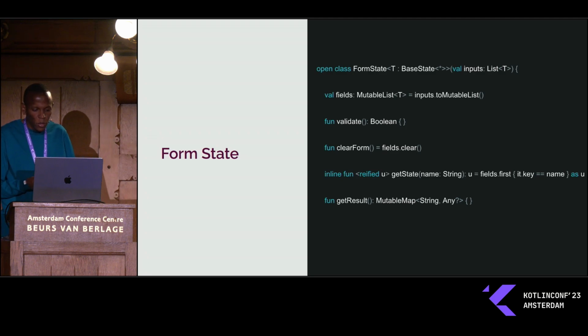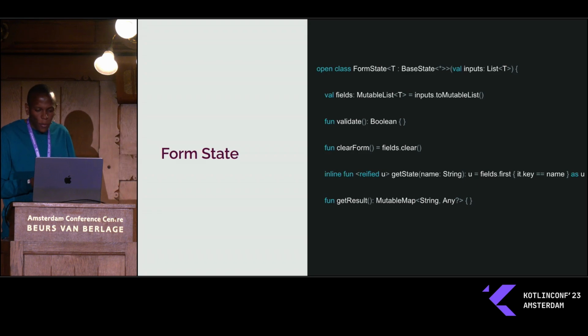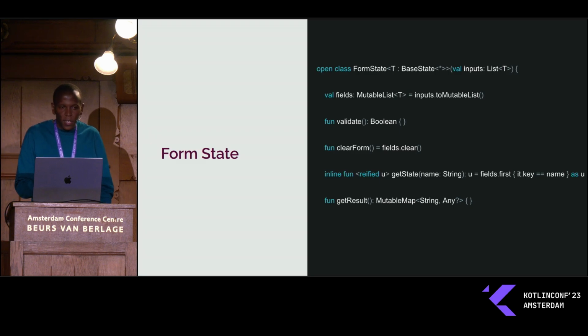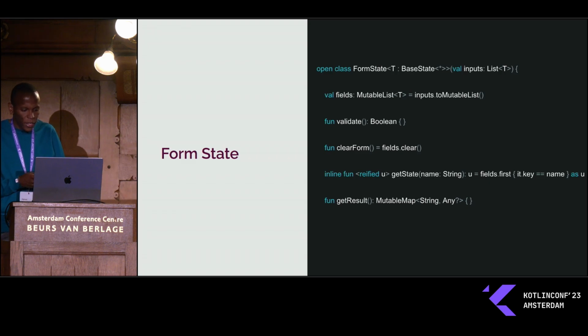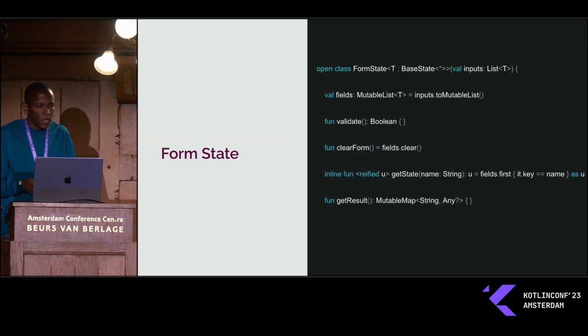We also have a clear form, which is a utility method to help us clear all the fields. We have a get state method, and we pass a parameter, which is a name. So in case we want to get the state for a specific field, we pass in the key, go through the list of fields, and get the state of that field. And lastly, we have get result, which returns a mutable map of string and any data type. This helps us to get the result of the form and then submit the form.